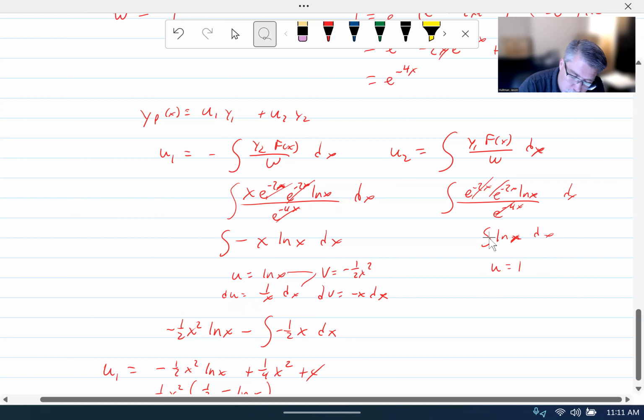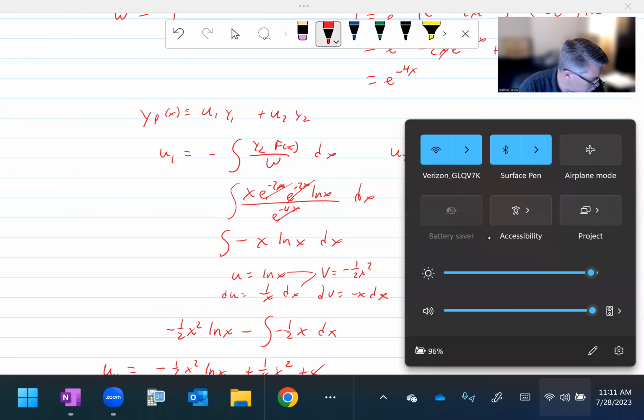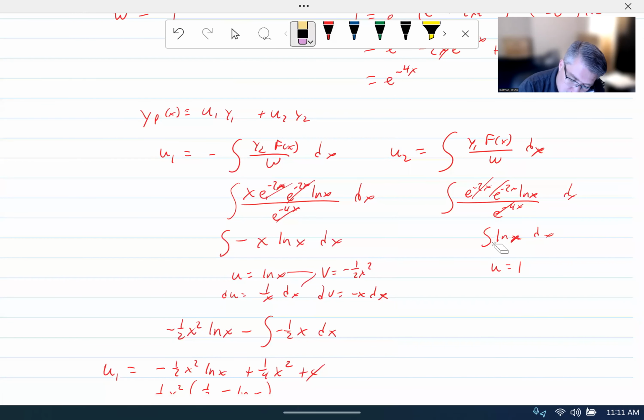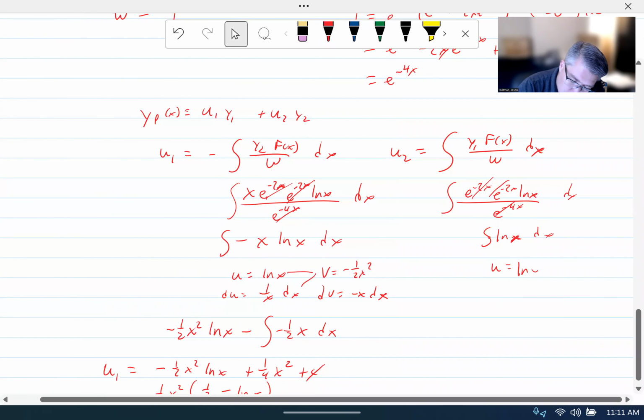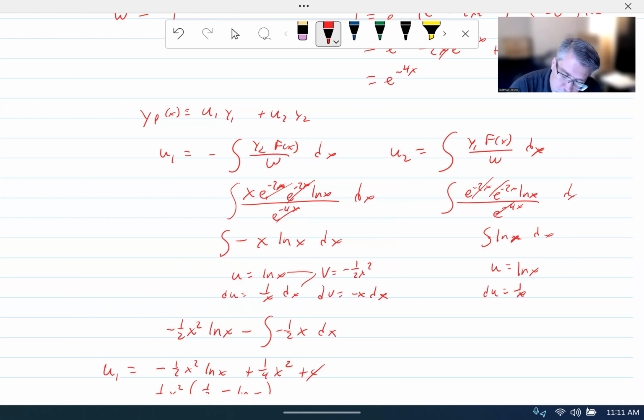Let u equal, actually, we want u to be natural log, I think. u is equal to natural log of x, du is equal to 1 over x dx. And then dv is equal to 1 dx, and v is equal to x.